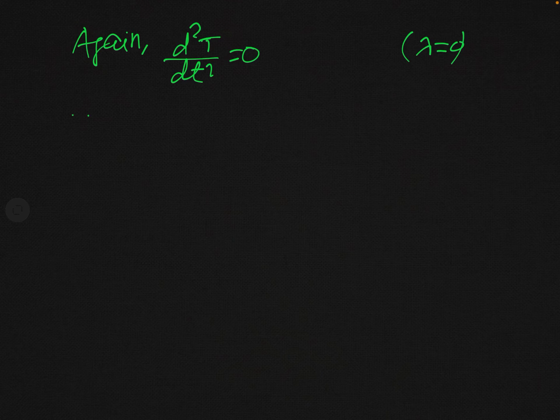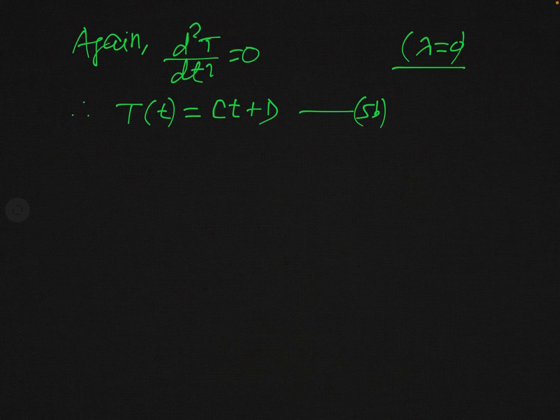And therefore, in the light of the above solution, you can see that this will be T of t equal to an arbitrary constant, let us say here c, times t plus another integration constant capital T. So these are the solutions of the wave equation when we consider that our separation constant is 0.